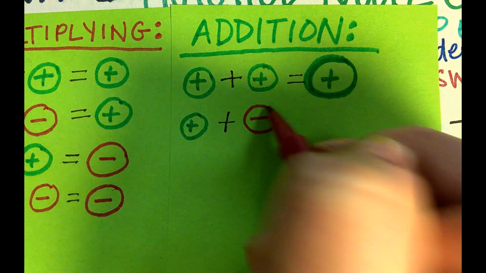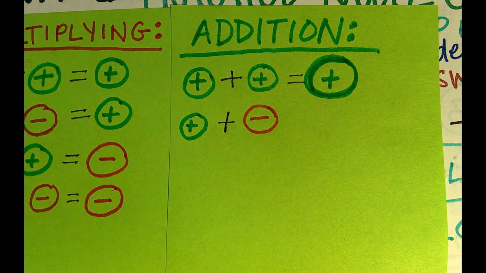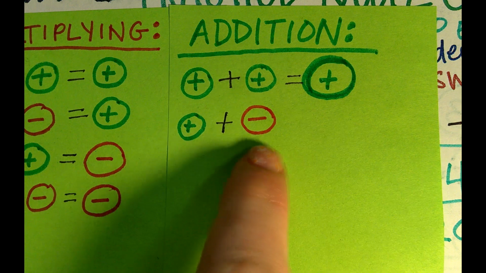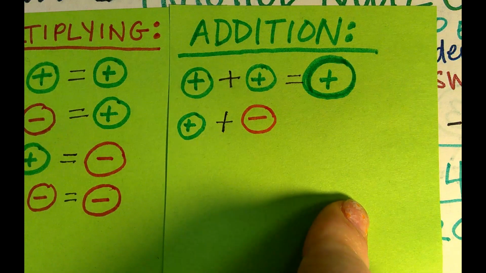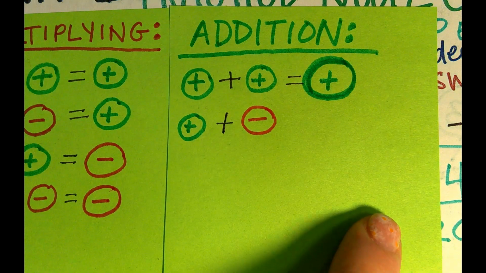Now, I can't say for sure that I'm going to just get a positive answer or a negative answer because it depends on what my numbers are. Whatever your bigger number is gets the sign. Yes, whatever number is bigger gets the sign, meaning if I have a bigger negative, my answer will be negative. If I have a bigger positive, my answer will be positive.